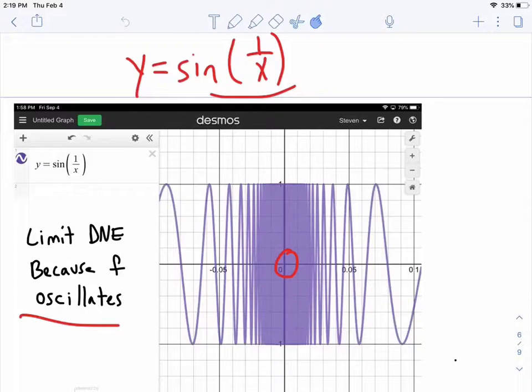And so here we don't have a limit either, but unlike the vertical asymptote one, the reason's a little bit different. The limit doesn't exist because this thing never settles into a value. It's constantly bouncing back and forth. Whereas the asymptote one, it was continuing to grow in one direction. So this just keeps bouncing between two numbers.